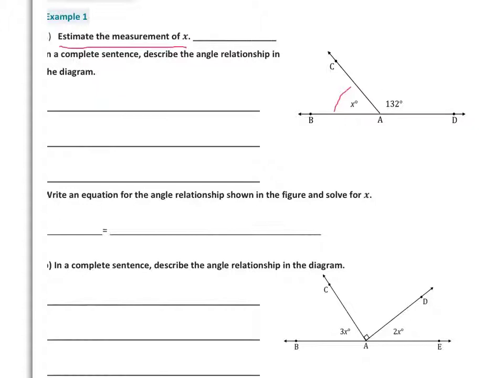And if you remember from the notes, a straight line here are two supplementary angles. They add up to 180 degrees. So to find out how much x is, what we're going to do is take 180 degrees and subtract this angle, which is 132.